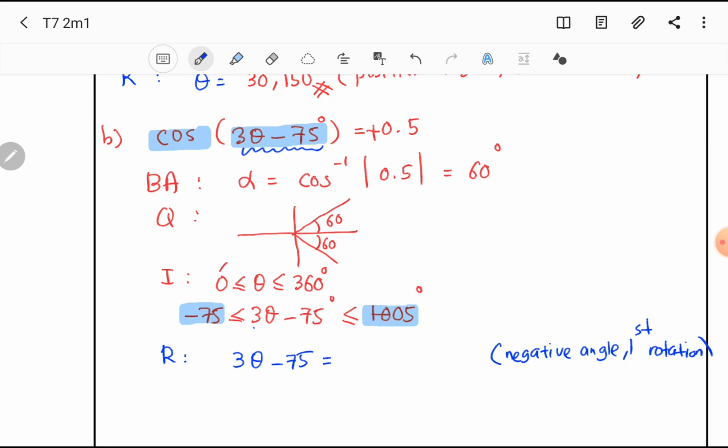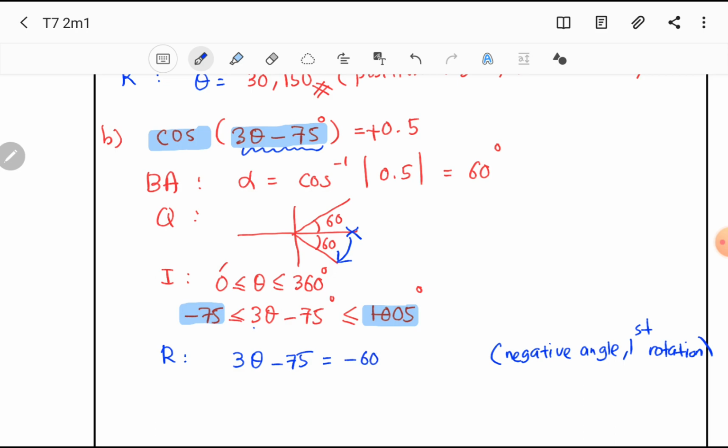Okay, so negative angle. We start from a positive x-axis and we go clockwise-ly. We go down. So kita jumpa fourth quadrant. So what is the answer? Yes, negative 70. Very good.